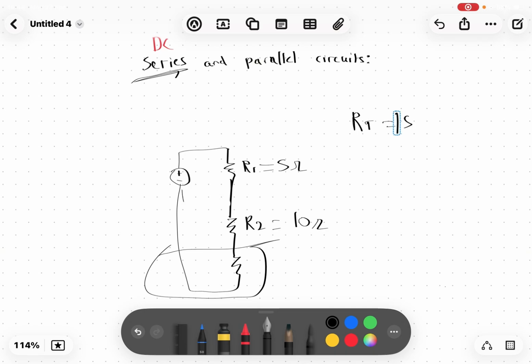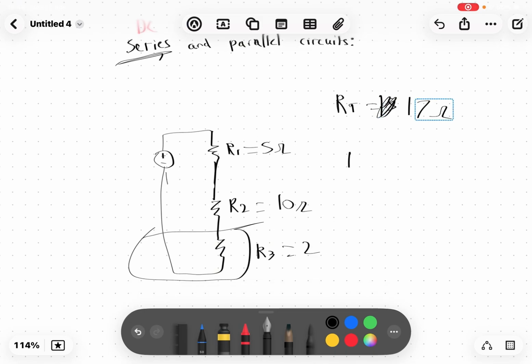Now let's include the third one, and let's say the resistance was 2. The total resistance would be 17 ohms. So you just add them. RT equals R1 plus R2 plus R3. It can go until whatever you want, like 6, 7.